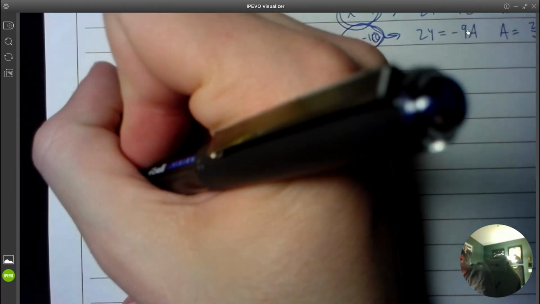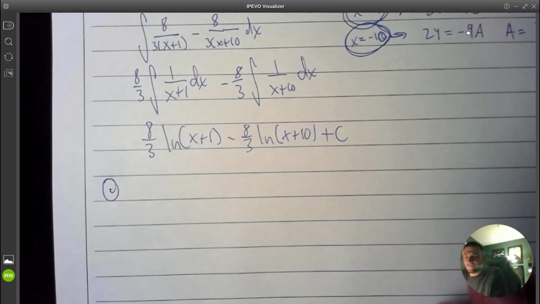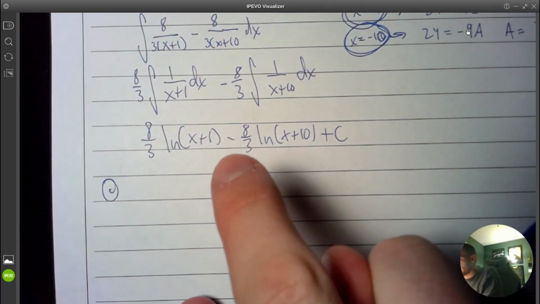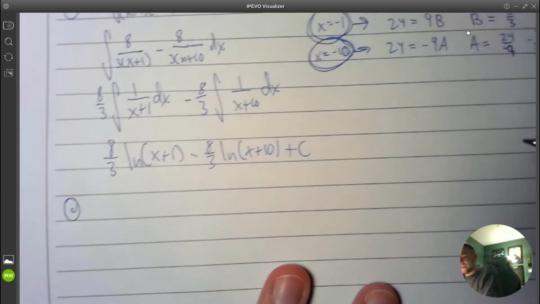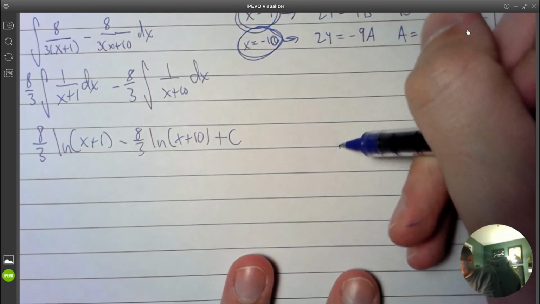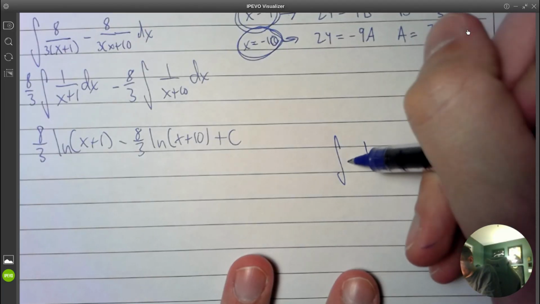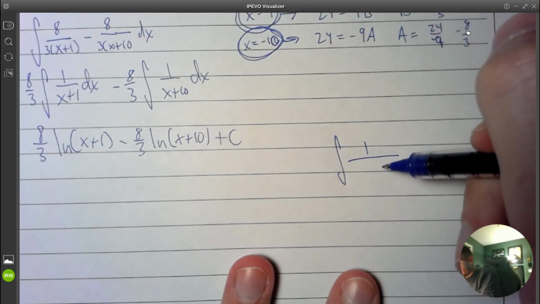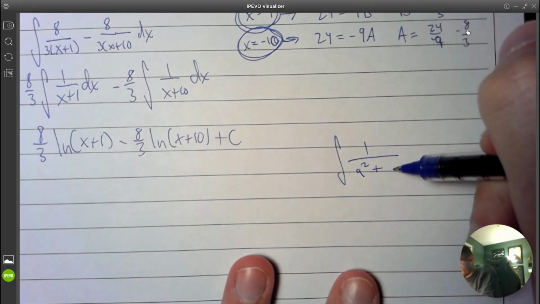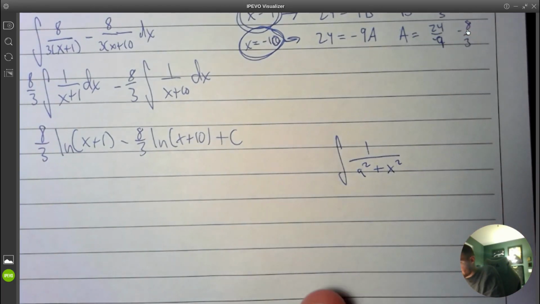I know that if it's not going to be partial fractions, it's not going to be natural logs, it's going to be arctangent. And the arctangent formula is the integral of 1 over a squared plus x squared.